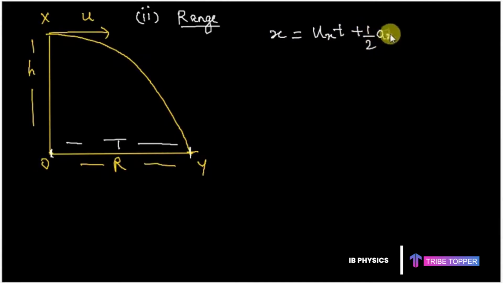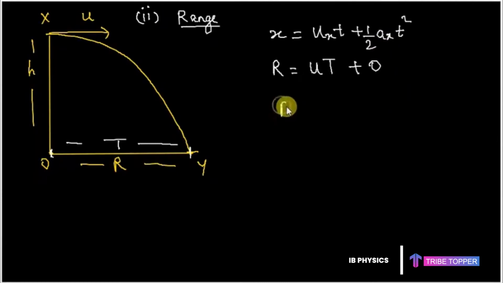Now I'll put the values. X, the horizontal distance covered, is the range r, that is equal to ux t, which was u, times t. It's going to be capital T plus 0, because there is no acceleration along the x-axis. I hope you remember in the beginning I said the velocity along the horizontal is constant throughout, so ax is going to be 0.